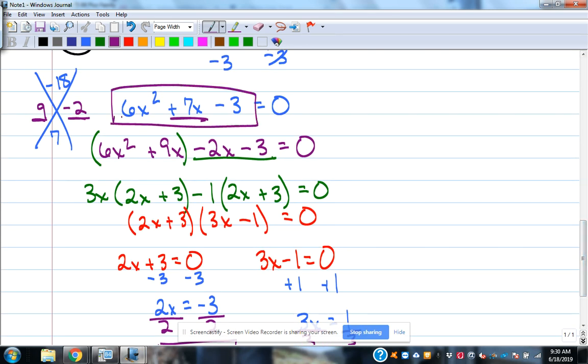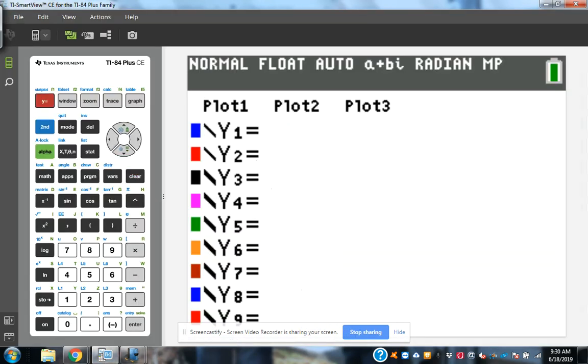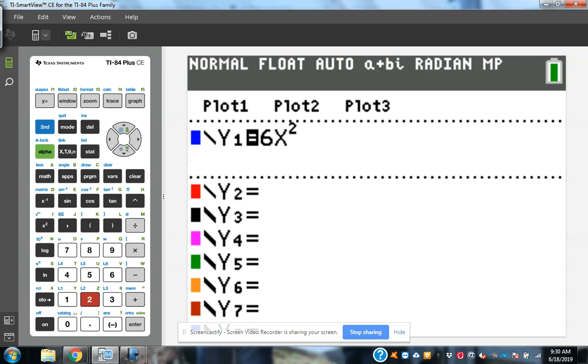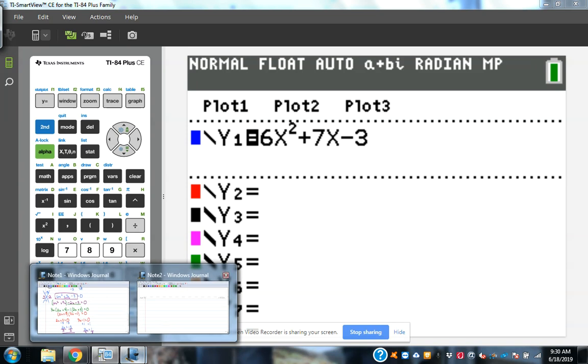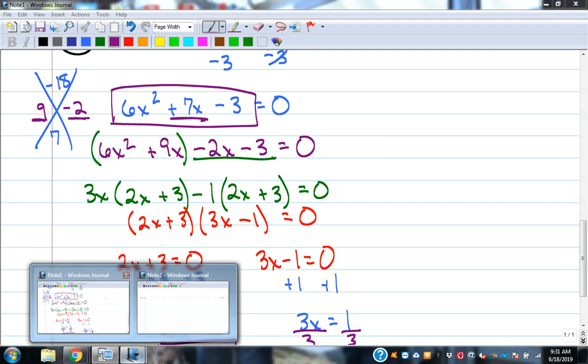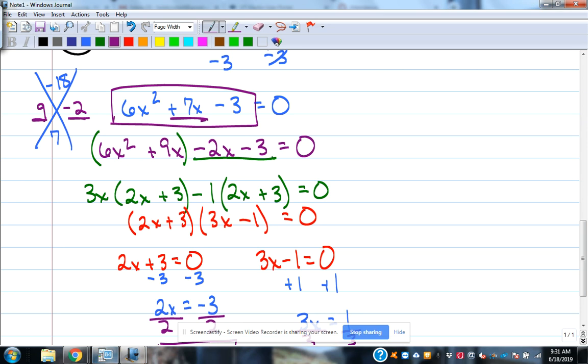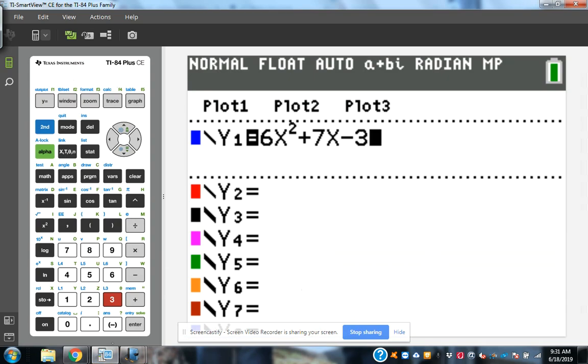That's what I'm going to type into the y equals screen. So I'm going to hit y equals, and then type in 6x squared plus 7x minus 3. Okay. Make sure I got that right. 6x squared plus 7x minus 3. That's the right equation. All right. So once I've done that, I'm going to hit graph.